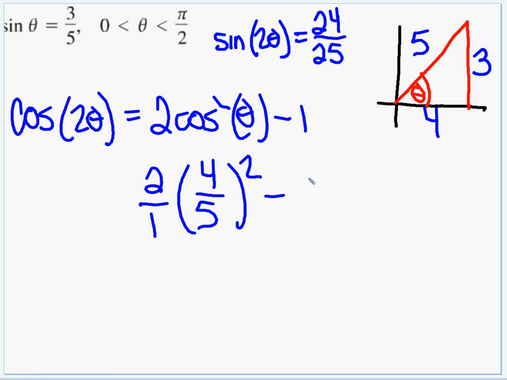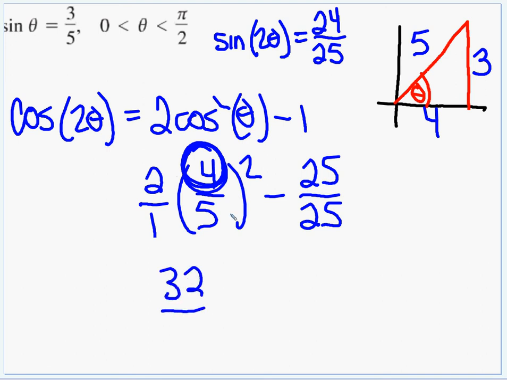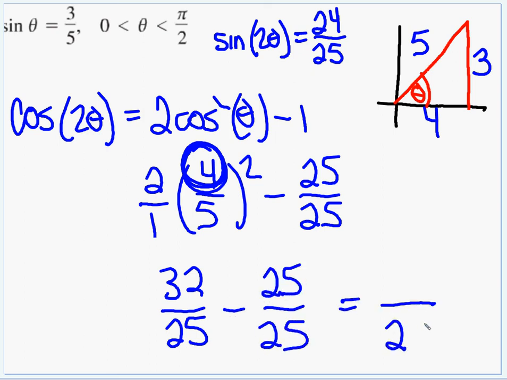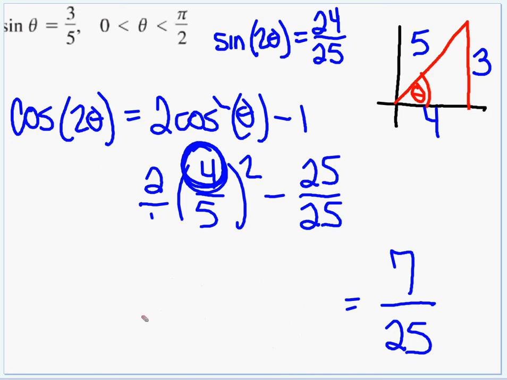So I'm going to rewrite that 1 as 25/25. Okay, order of operations, we square this first. So that'll be a 16 times the 2 is 32. We square the denominator, 25 minus 25/25. And if we subtract, we keep our common denominator. 32 minus 25 is 7. 7/25.